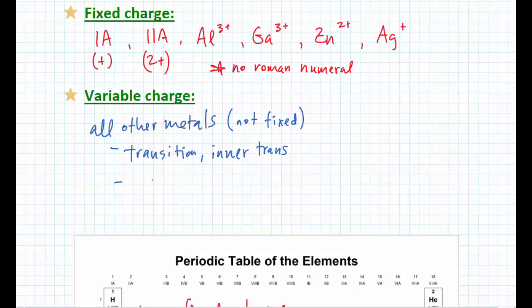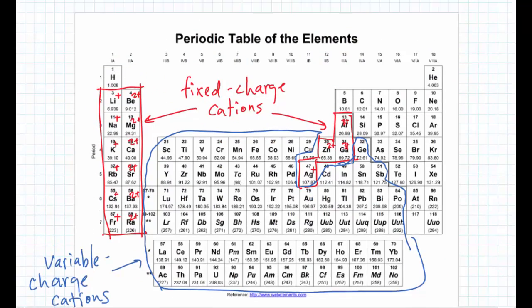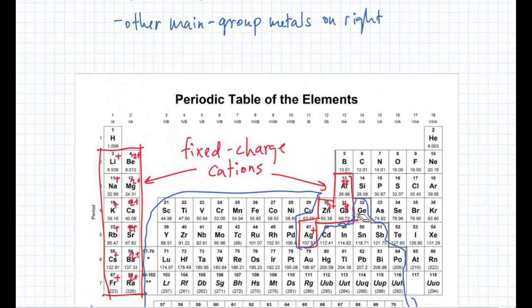Also, other main group metals on the right. By that I mean over here, right? The main group and transition is sort of this dividing line right here. But we've got these main group metals over here: germanium, tin, lead.